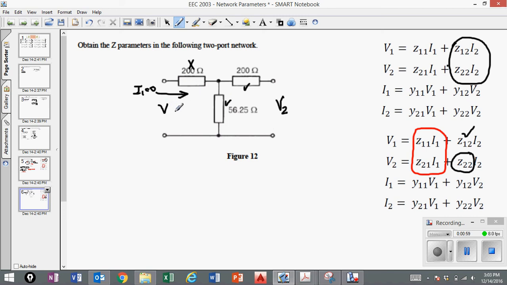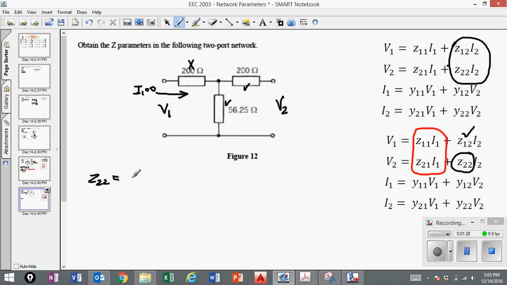We also know that because that resistor has no current in it, the voltage drop across V1 will be the exact same value as the voltage drop across 56.25, which we know will end up giving you the same value as Z21 as before. So that means we only have to calculate Z22.